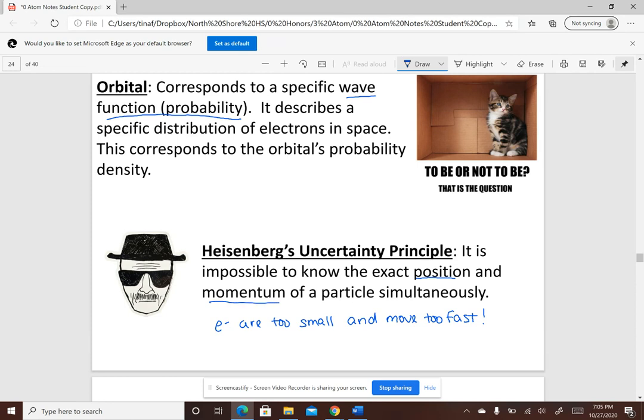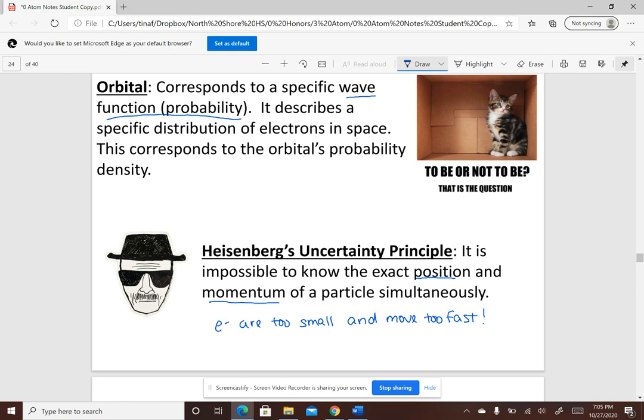You need about 2,000 electrons if you wanted to make something that weighed the same as one tiny proton. That's how small electrons are. So uncertainty, we're never certain about where the electron is and its momentum at the same time.